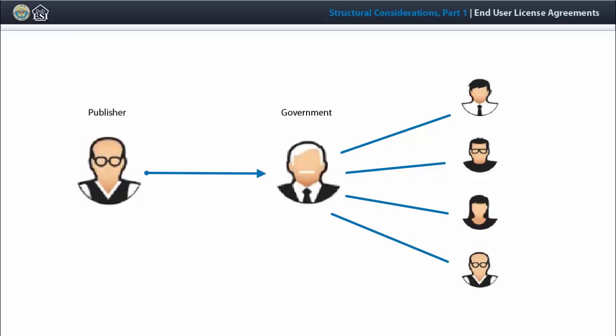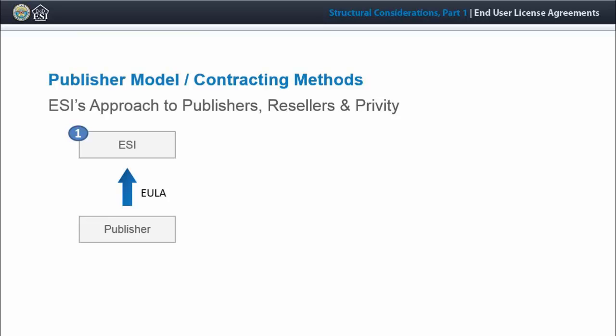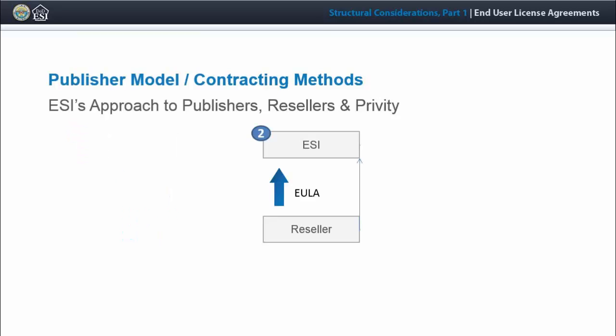The first way a publisher can become contractually obligated to the government is for ESI to seek to have publishers sign EULAs to ensure privity for all promises in EULAs. The second way is for ESI to deal directly with resellers. ESI seeks to have the publisher sign the EULA along with the reseller.